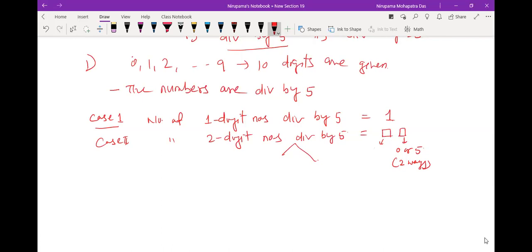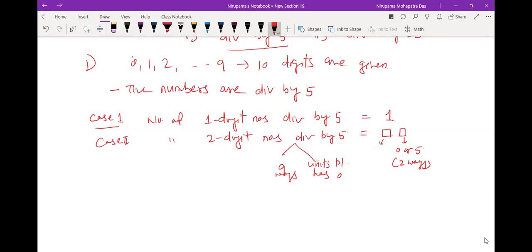So what are the possible ways then? You can just take the cases. Case A: suppose the units place has 0. Then you can have any of the 9 things, 9 ways.